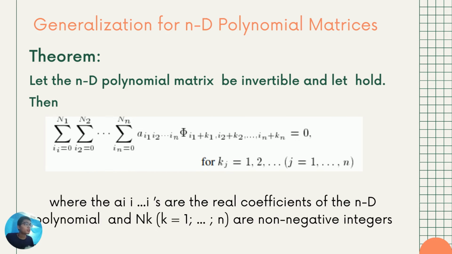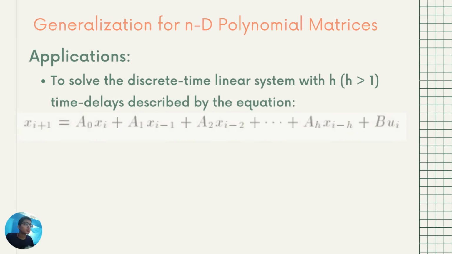Now, whatever you are able to see here is the formula, the generalization of the ND polynomial matrix on the basis of the Cayley Hamilton theorem. Here, let's see the notations, where the a_i are the real coefficients of the ND polynomial and n_k, where k is equal to 1 up to n, are non-negative integers.